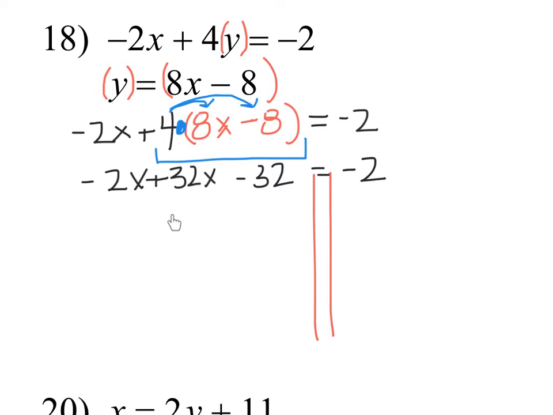I've got to combine them all into one set of x's, which means I either have to punch in my calculator negative 2 plus 32, or I've got to do my math where I decide that the positives win in this case. They have way more players. And in fact, they win by 30. They have 30 more players. So negative 2x plus 32x is 30x minus 32 equals negative 2.